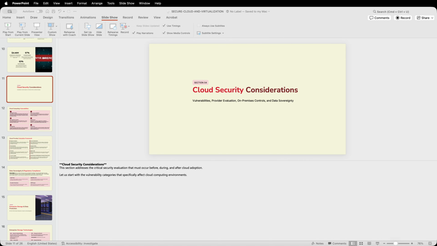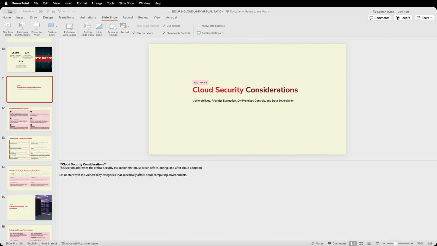Organizations must verify through contracts that the provider cannot aggregate customer data for resale, that logical isolation mechanisms are in place and audited, and that the co-tenancy risks are mitigated through proper hypervisor hardening and network segmentation.